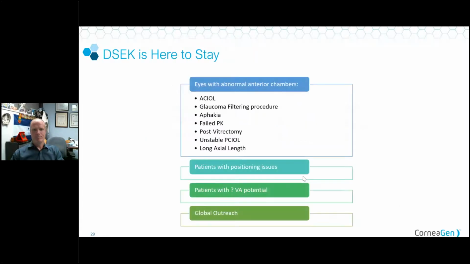But going on. So DSEK is here to stay, and one of the things that preparing for this talk did for me was I decided that I would jot down all of the instances when I would prefer a DSEK over a DMEK, and there's a lot.